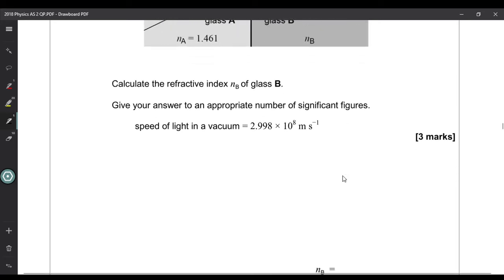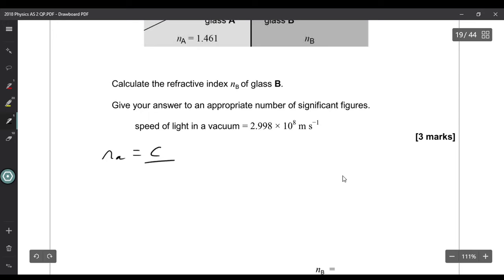So we know that the refractive index is the speed of light in a vacuum divided by the speed of light in that material. So NA equals C over CA.